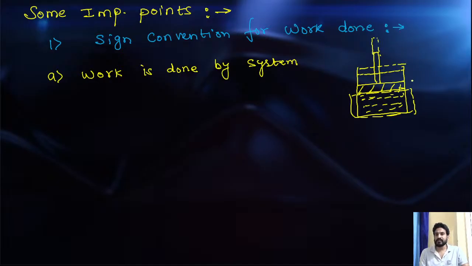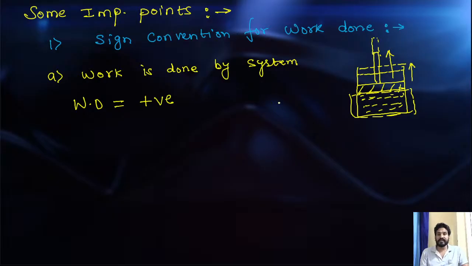If this piston is moving in the upward direction, it means that we are getting work from this system. Yes or no? It is clear to you? So in that case, my work done is positive.